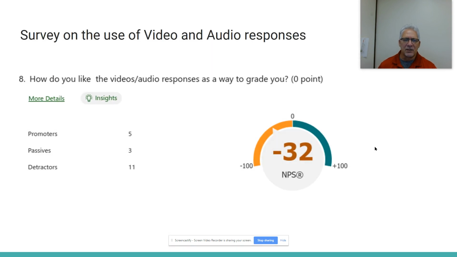The other question I asked them was how they like to use that kind of different question for grading their quiz or test, because maybe they like it, maybe they don't. Most of them didn't like being graded that way, because between passive and detractor, that will be 14.